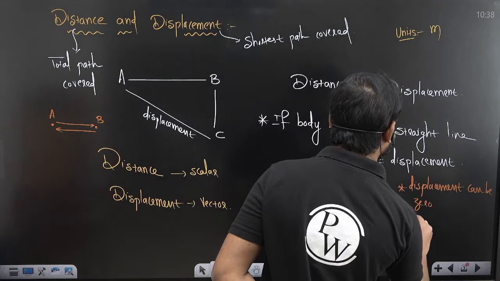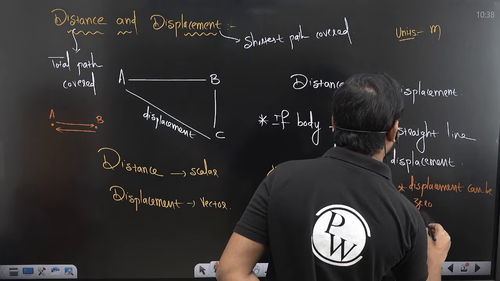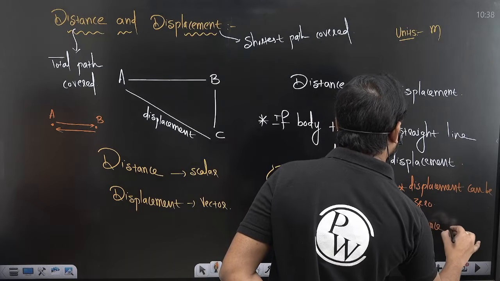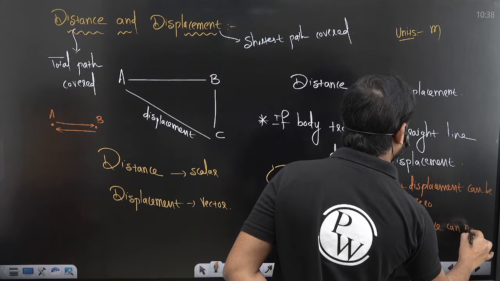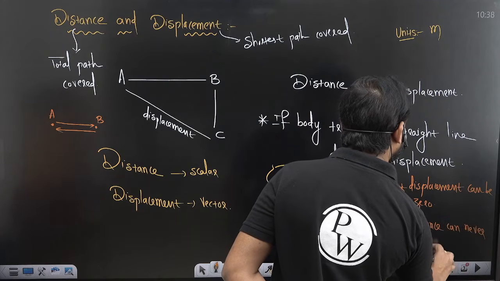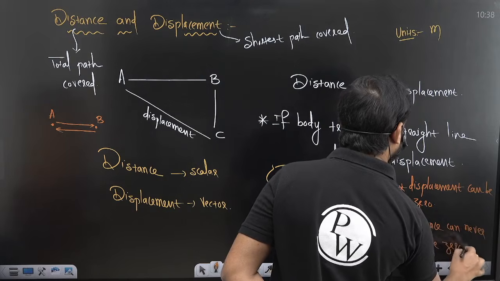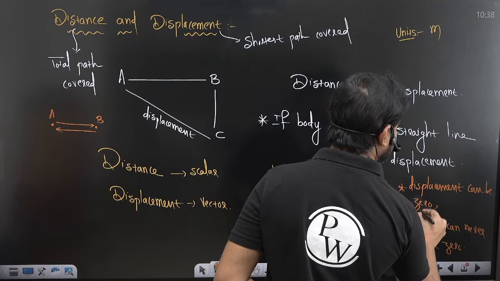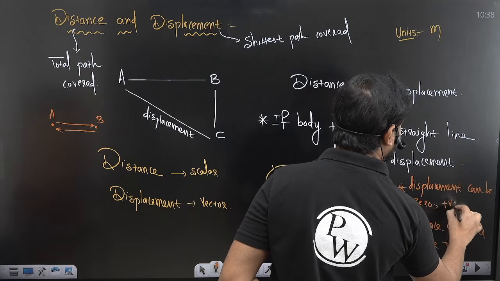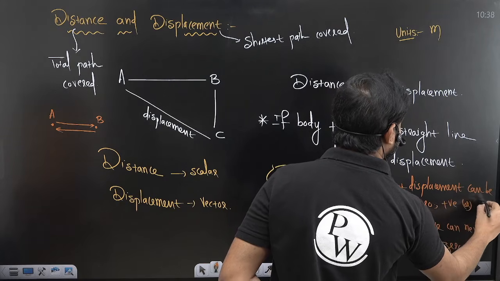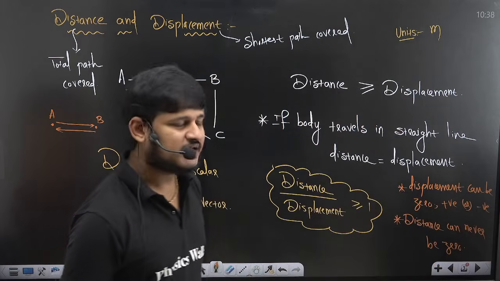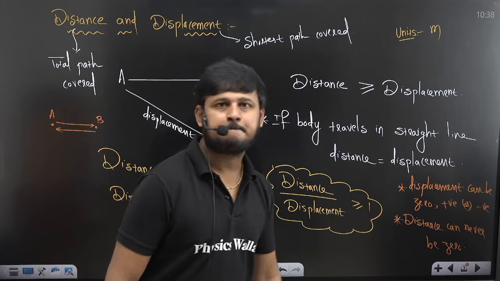The distance can never be 0. Distance is always positive, whereas displacement can be 0, positive or negative. The displacement can also be negative, but the distance is always positive.